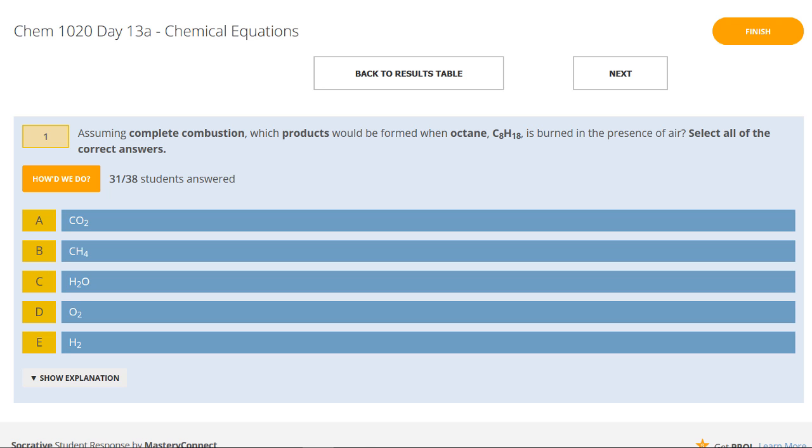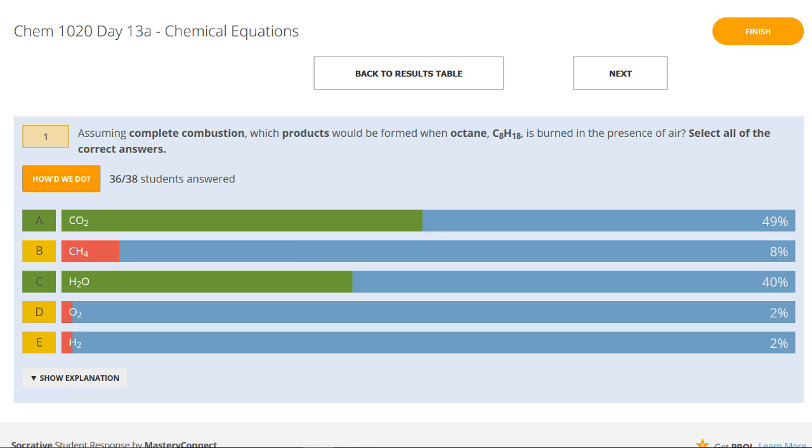Looking at the answers, the correct products are CO2 and H2O. Remember, when we burn something, if it contains carbon, one product is carbon dioxide, and if it contains hydrogen, one product is H2O. Any questions on this one here?